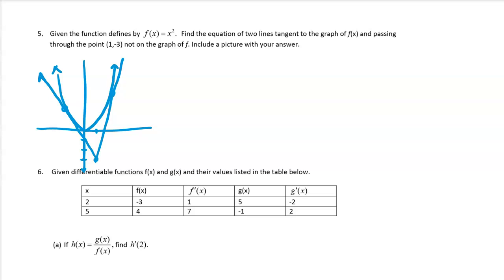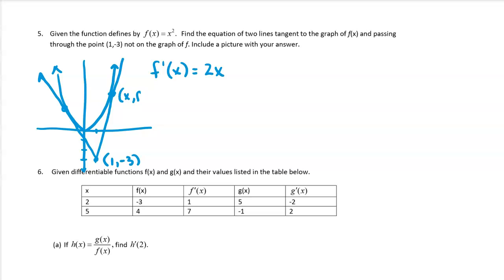I do know that the slope of those tangents, whatever value of x, is going to be 2 times x. I also know that the slope of this line from (1, -3) to any point on here is x comma f of x.